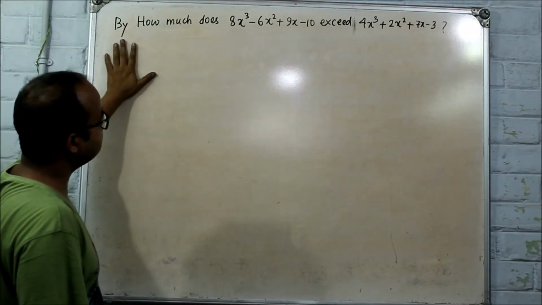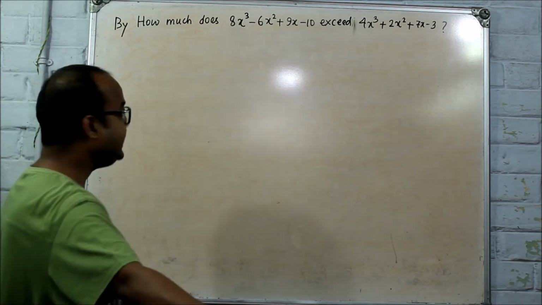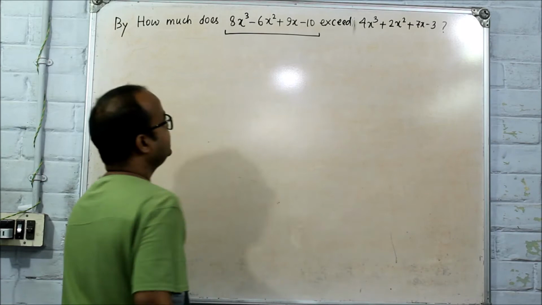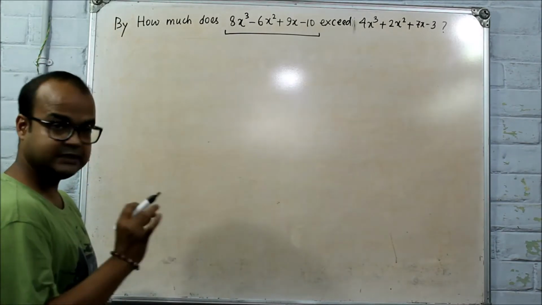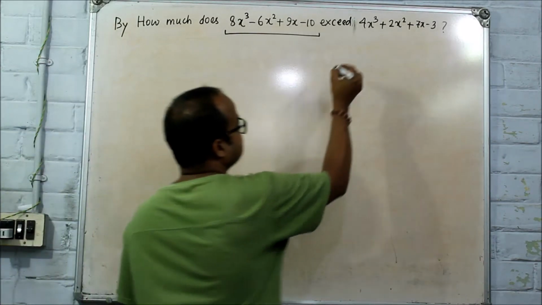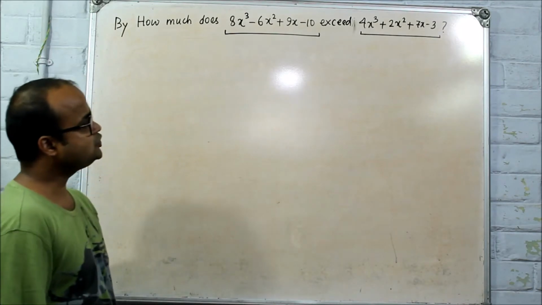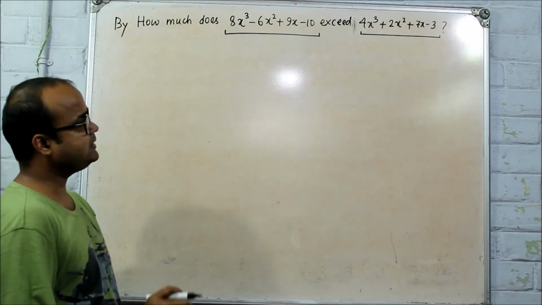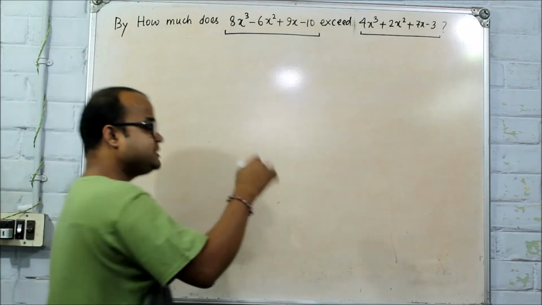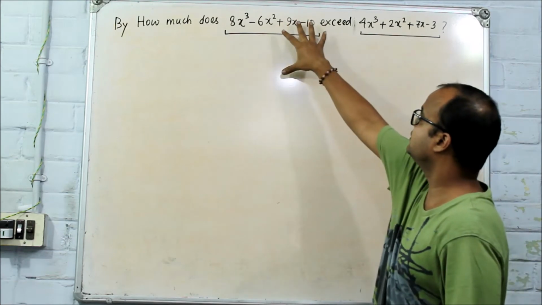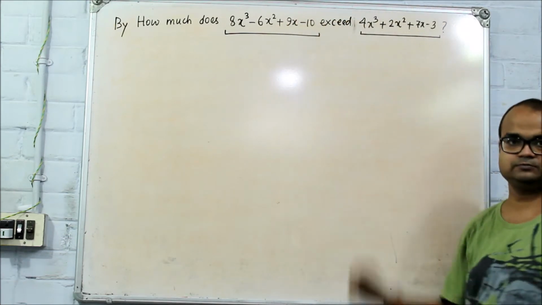By how much does 8x cube minus 6x square plus 9x minus 10 exceed 4x cube plus 2x square plus 7x minus 3? Exceeds means bigger. That means by how much this term is bigger than this term.